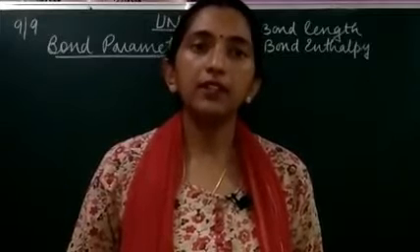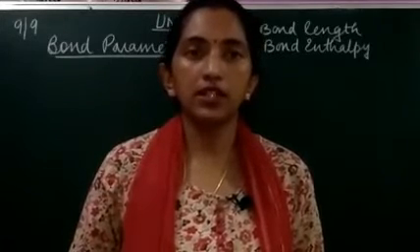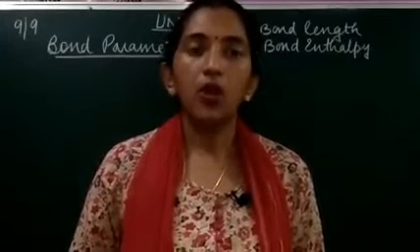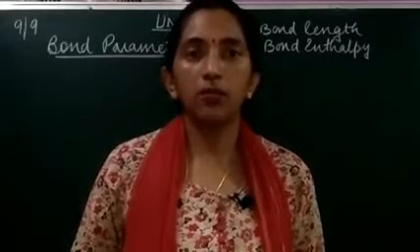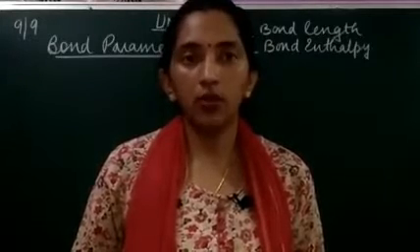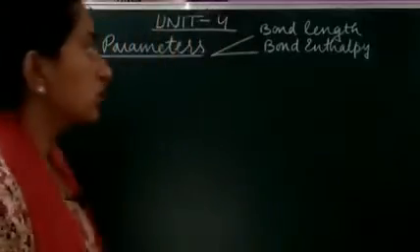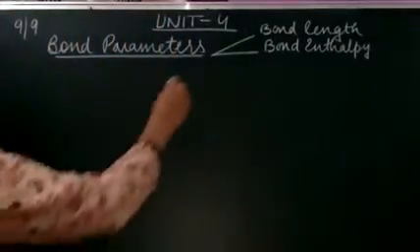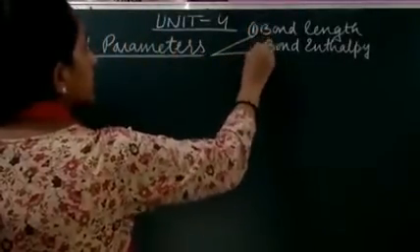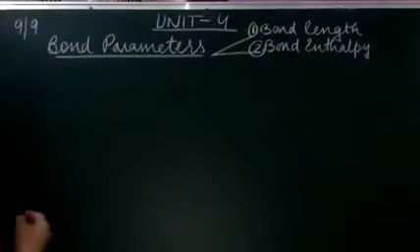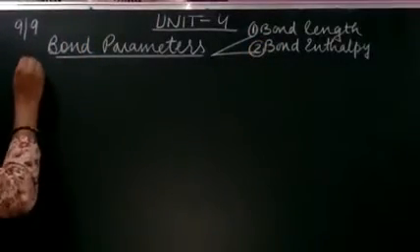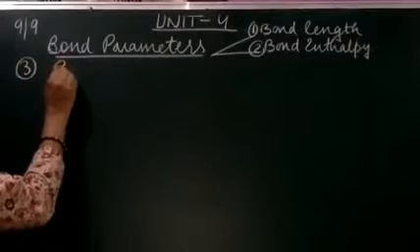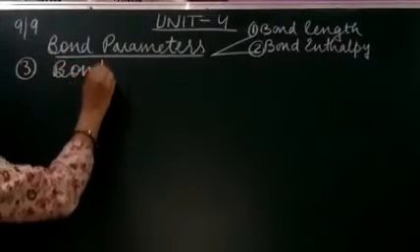The angle between the two orbitals having the bond pair, or the shared electron pair, is known as the bond angle, right? The first parameter was bond length, the second was bond enthalpy, and today we are discussing the bond angle.